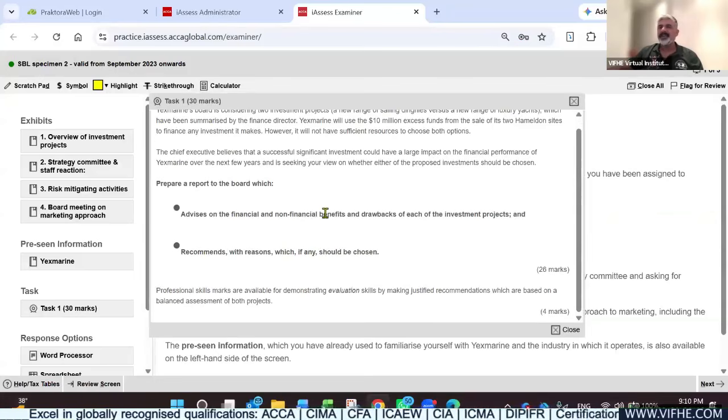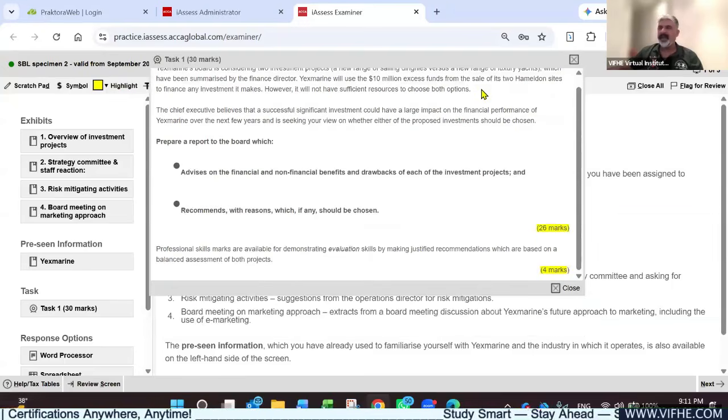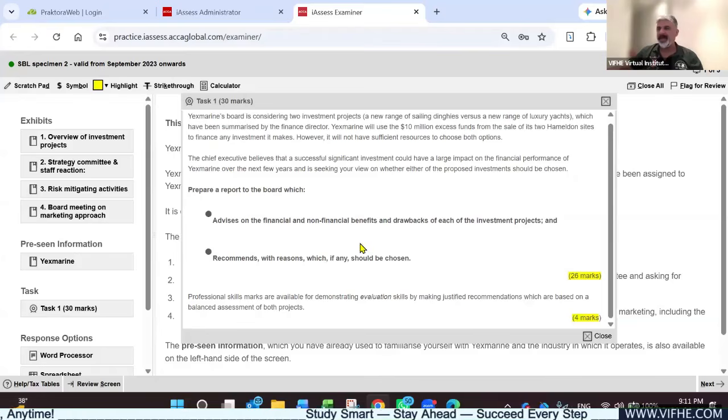Every task has two kinds of marks. One is called technical marks, which is for the bold portion, followed by professional skills marks, which is 4 marks.